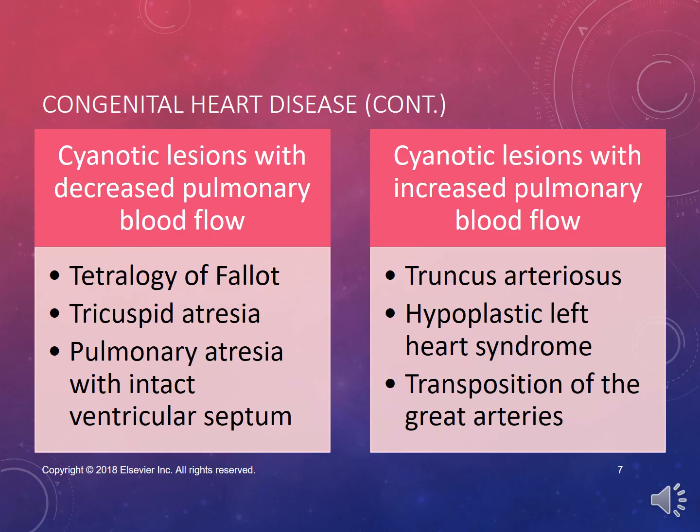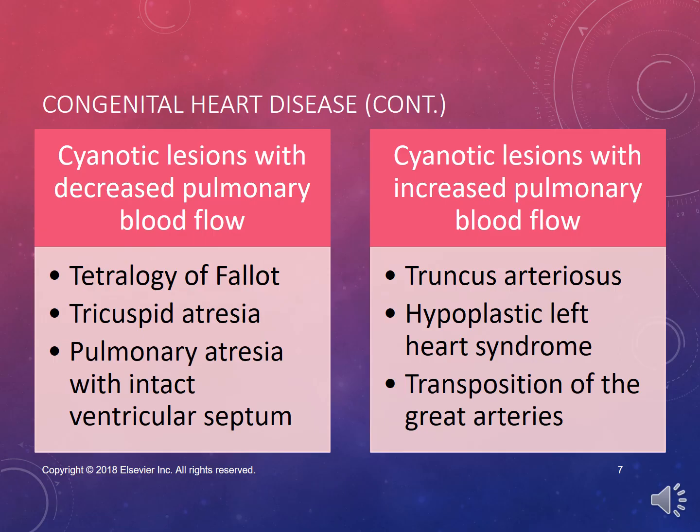And this is going to cause an issue because now we've got the aorta taking blood from the right ventricle, which is unoxygenated, and so we've got unoxygenated blood going to the rest of the body, and then you've got oxygenated blood going back to the lungs, and the lungs are not prepared for that.